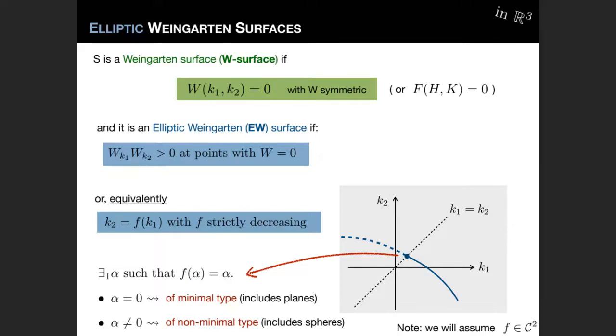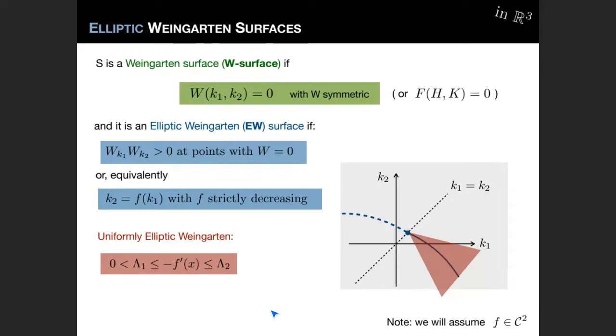And also, let me recall or define a new specific type of elliptic Weingarten surfaces that didn't appear before, and these are the uniformly elliptic Weingarten surfaces. So in general, the slope of the curvature diagram is negative, so f is a decreasing function.